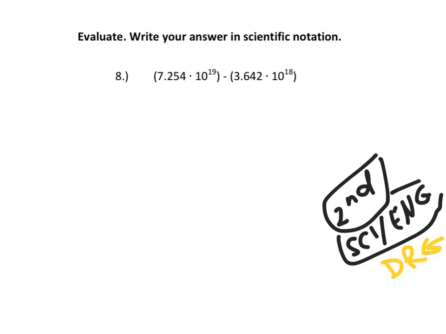For number 8, we're also evaluating, this time it is a subtraction problem. Again, you can use your calculator and put it into scientific notation mode. Be careful and make sure you're putting in the parentheses. Or if you wanted to try by hand, you could move the decimal over and make this 10 to the 19th power. Just be sure that you accurately subtract.